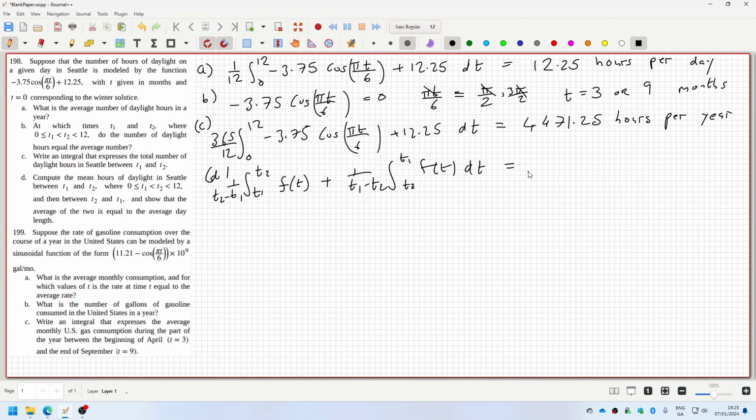So that would be f(t2) minus f(t1) over t2 minus t1. And then if I flip the sign around, f(t2) minus f(t1), and if I put the minus down the bottom, t2 minus t1.